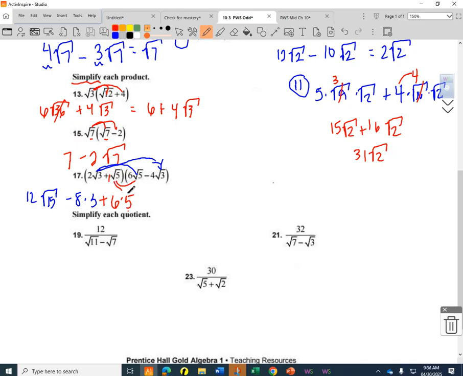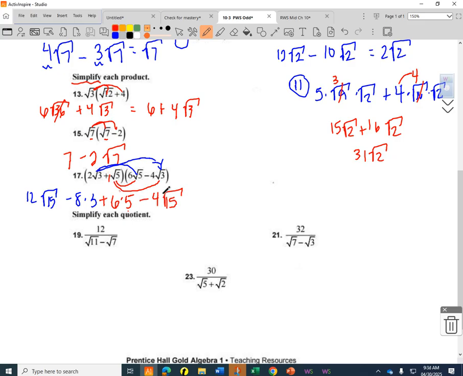And now square root of 5 times the last one, times negative 4 square root of 3. Positive times the negative, and then it's going to be minus. So what is square root of 5 times 4 square root of 3? Akira? Yes. Negative 4 square root 15.